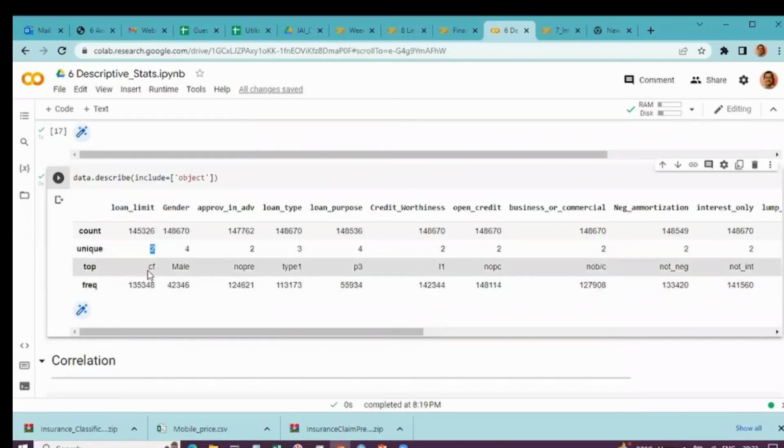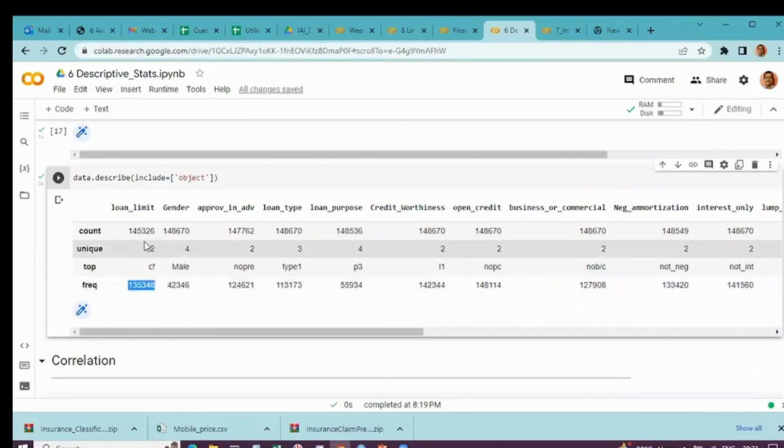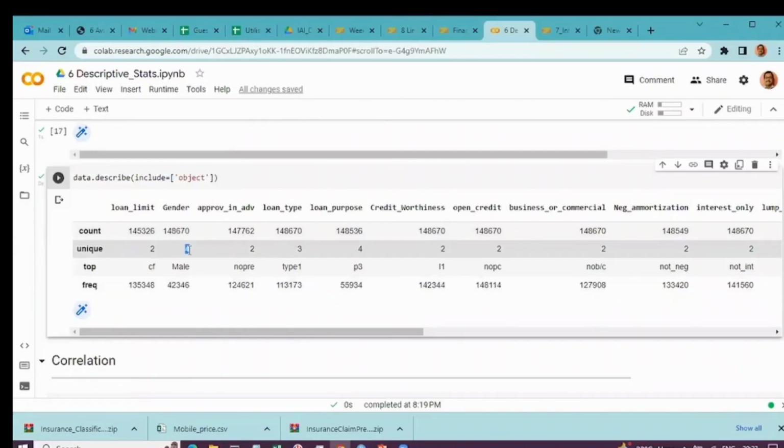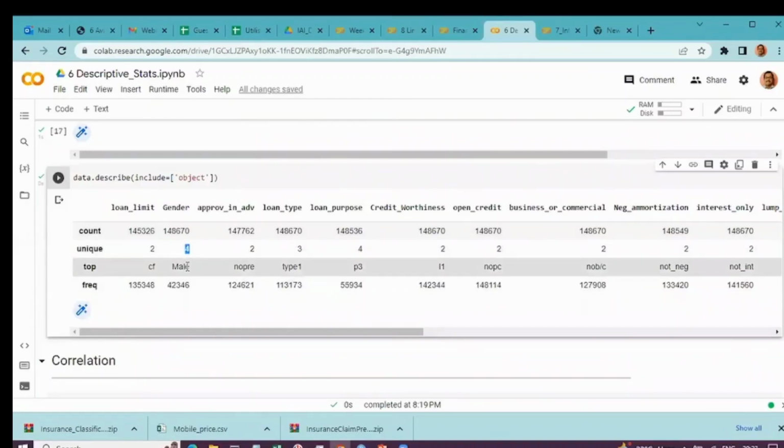Some CF is the top occurring category with 1,35,000 observations. So possibly the other category is somewhere around 10,000 observations, but still that's okay. Then gender, 4 unique values are there. So we have to really check whether all 4 are valid or not. We'll have to go deeper into it. The male is the topmost category with 42,000 occurrences.